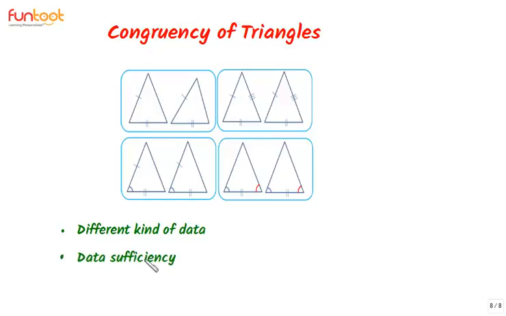There are times when sufficient data is not available to tell whether the given pair of triangles is congruent or not. In such a situation, we cannot say whether the triangles are congruent or not. For example, in the first pair, we were not in a position to tell whether the two triangles were congruent or not.